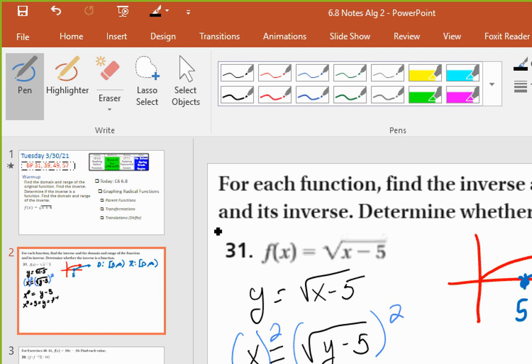Next, find the domain and range of the inverse. The domain of this inverse function is just the range of the original, so 0 to infinity. The domain of my original becomes the range of my inverse, 5 to infinity.